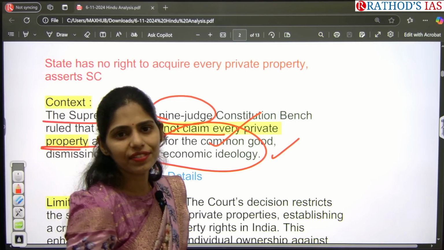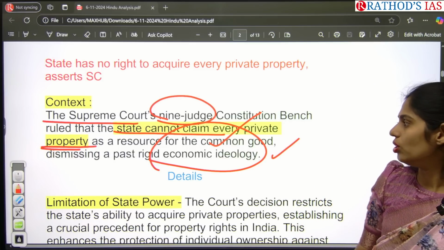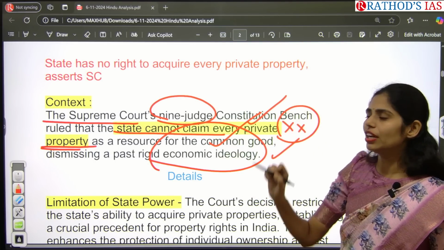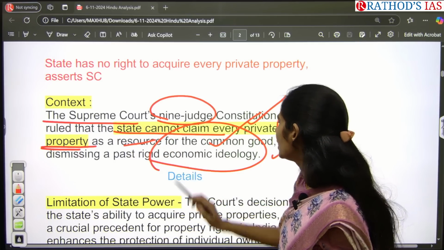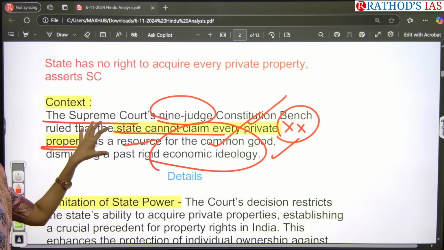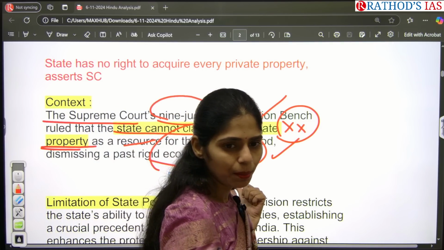But now we have a capitalist society where we are encouraging private people. So the state will not have the power to claim every private property as a resource for the common good. This is the thing which mainly was said. It is very simple. So it is linking our present economy with polity.